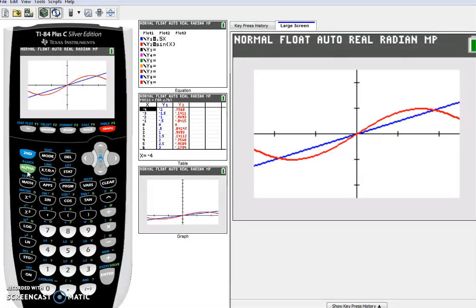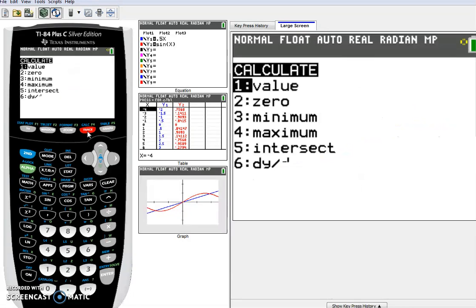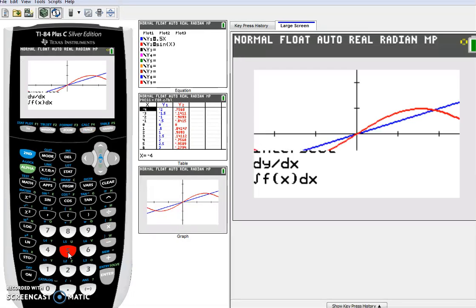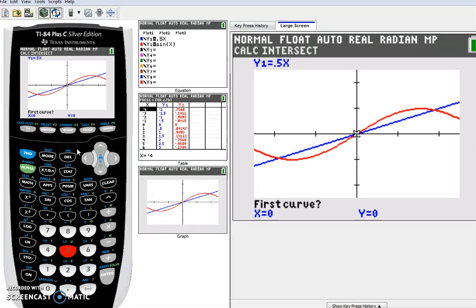Now, some of you guys might already know how to do this. If we go to second trace, we'll go to calculate. Number 5 says intersect. So we're going to calculate the intersection. Let's say we want to find this most left intersection. You have to move the cursor.